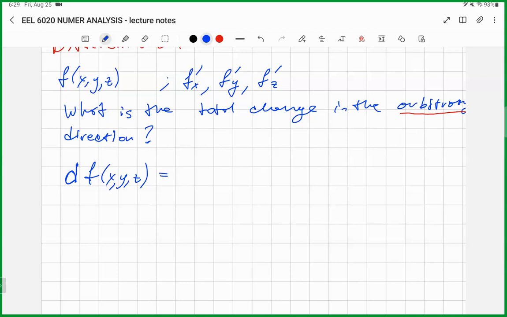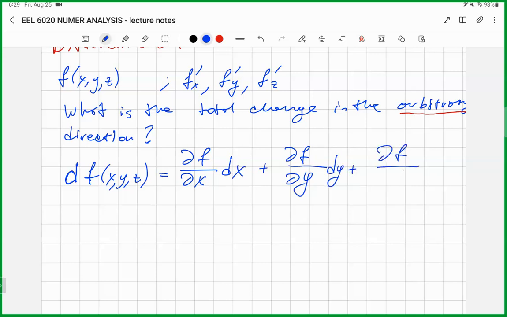And the change itself is written as this construction: ∂f/∂x, because first I change x, multiplied by dx, then plus ∂f/∂y times dy, and then plus ∂f/∂z times dz.